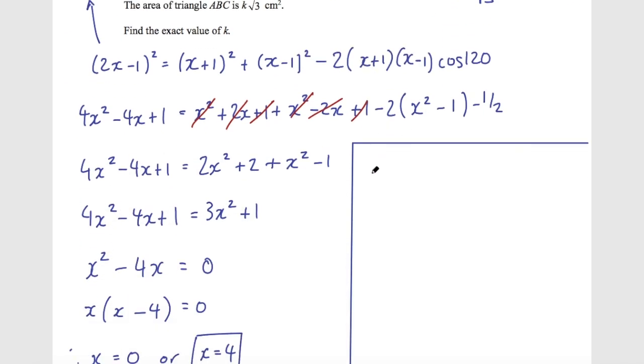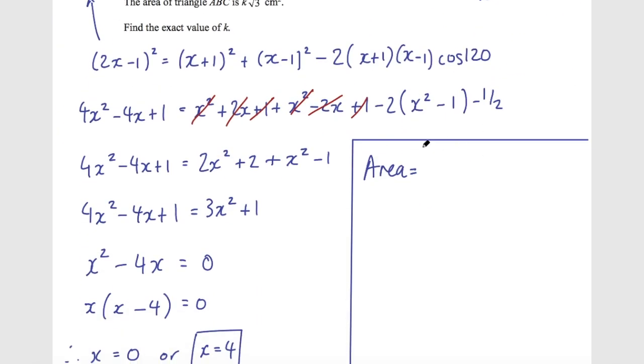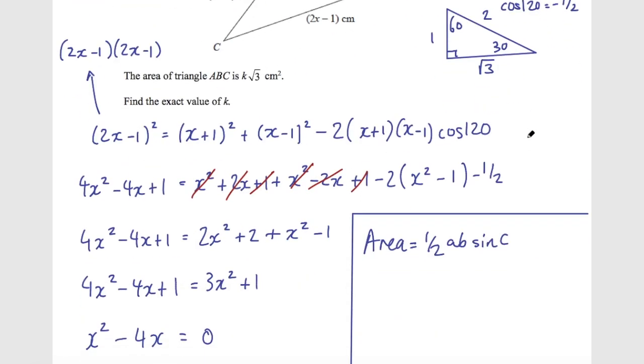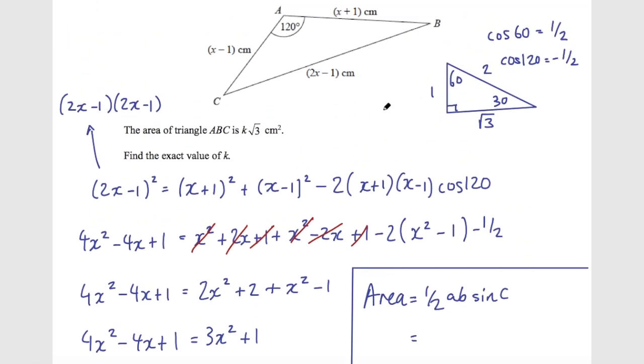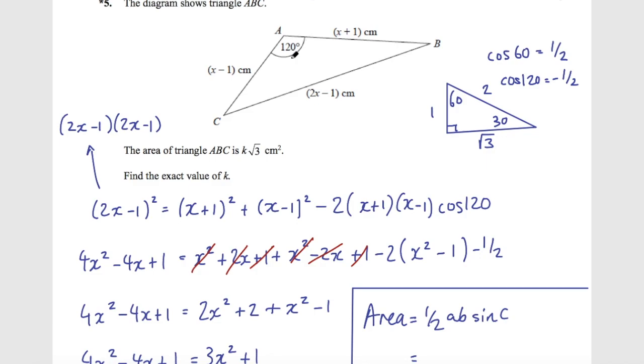So we can say if the area is, let's just write this out again. It never hurts to write formulas out more than once. It's good for memorization. So the area equals half AB sine C. Now, because I'm using this angle as sine C, these two sides must be A and B. They must be the sides opposite of the angle.